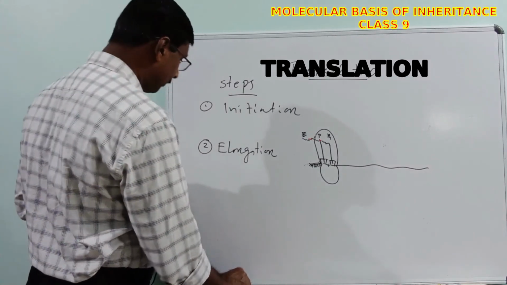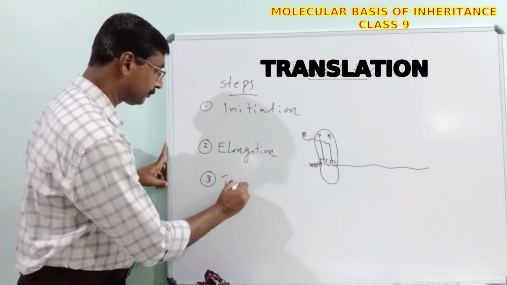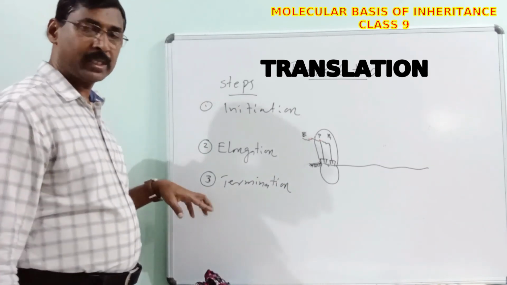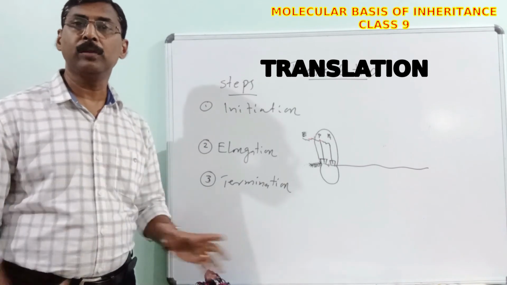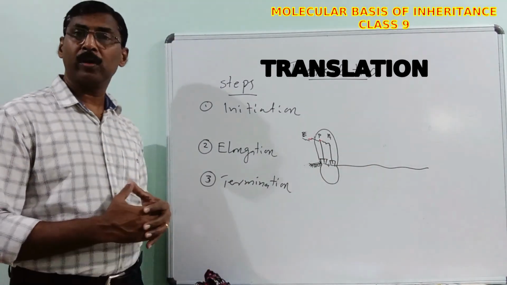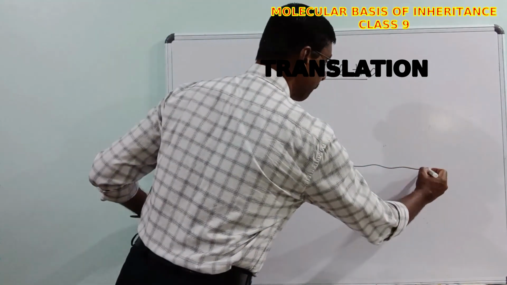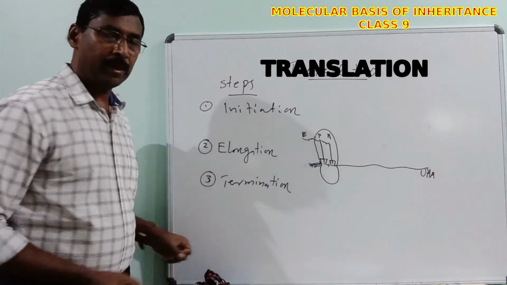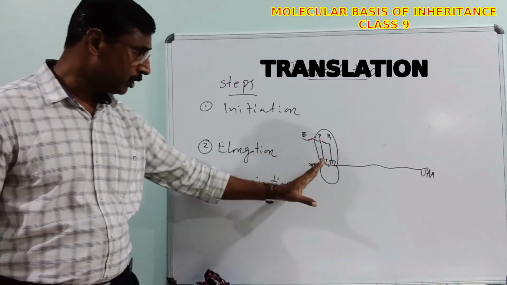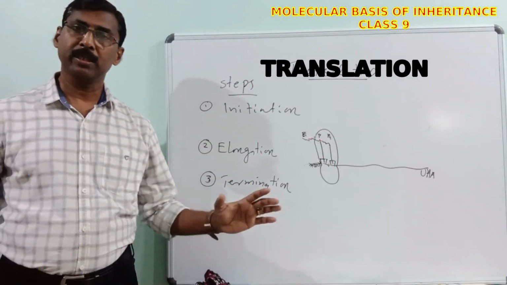Now the third step, the last step in the translation process, is termination. So what is termination? It is the ending of the translation process. Translation ends when the stop codon arrives. There are 3 stop codons, UAA being one stop codon. When the ribosome reaches the stop codon, translation ends.